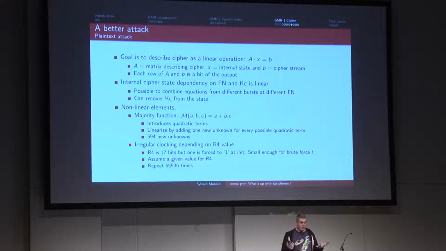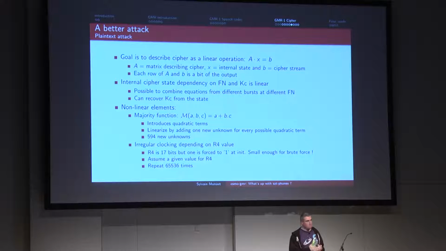So how do we linearize that? Well, R4 is a 17-bit linear feedback register. So as soon as you know its state at one particular time, you can predict all the future states because it's clocked all the time.